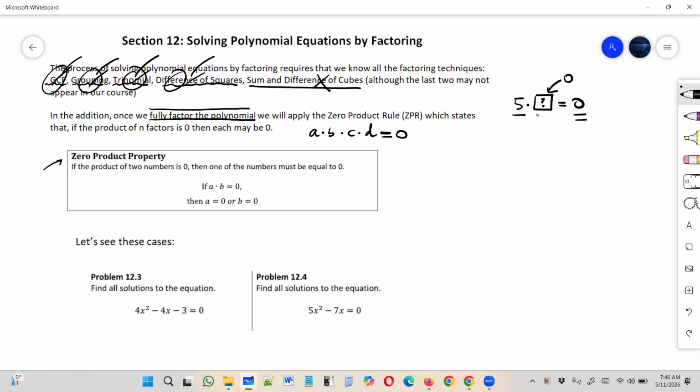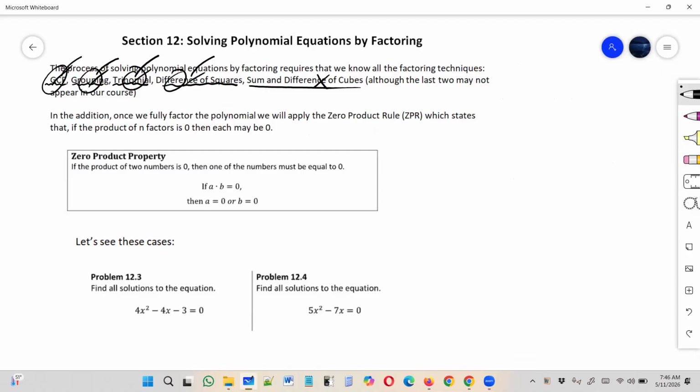So if I multiply five times the box and the result is 0, then the box has to be 0. If I have two boxes and I don't know what's in those boxes, but I know that the product is 0, then either the first box is 0 or the second box is 0. This is what the zero product rule says. It's very basic, and we can use it here to get our answer.